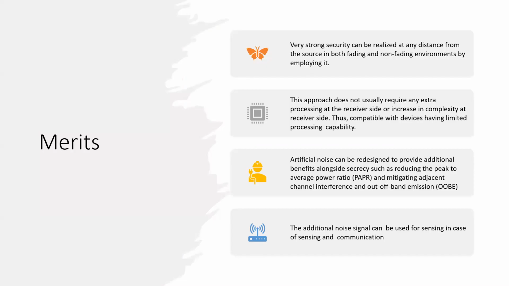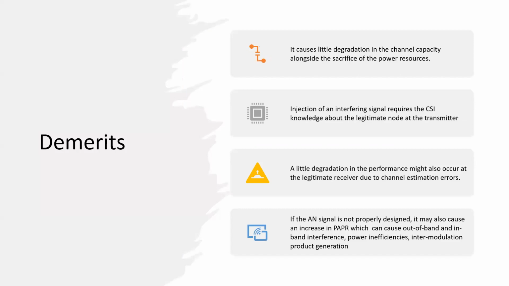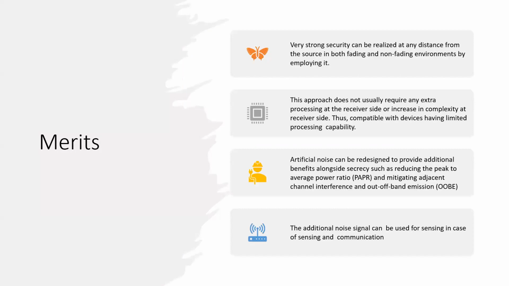Now, what are the merits and demerits of artificial noise-based security techniques? First of all, you can achieve very strong security at any distance from the transmitter, in fading or non-fading environments.